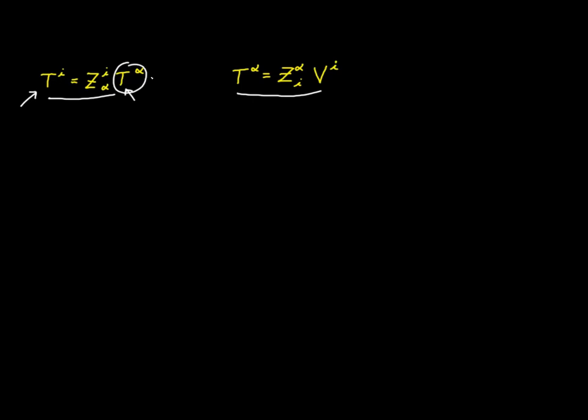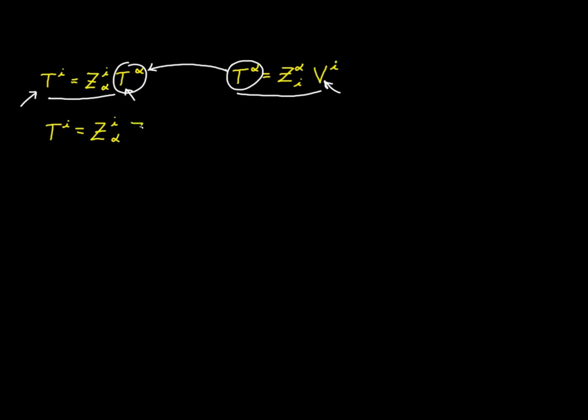Well, what we're going to do is the same thing we did before. We're going to use this second expression here to eliminate T alpha. And the second expression, of course, is T alpha as a function of our vector components Vi. So it's going to look like this. We're going to have Ti is equal to this first term, our shift tensor Zi alpha, and then times T alpha, but in this form over here.